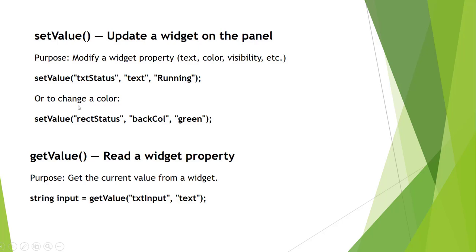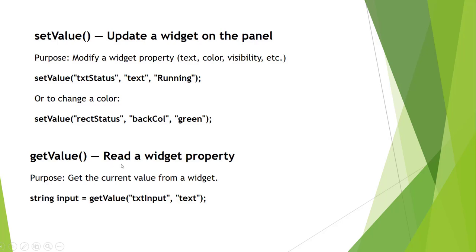Or changing a color: setValue on the background, the back color is set to green, okay? This updates the status, this module's back color, just setting green to the back color, okay?